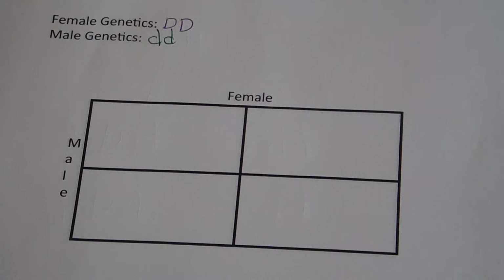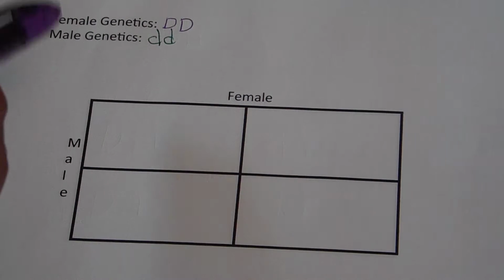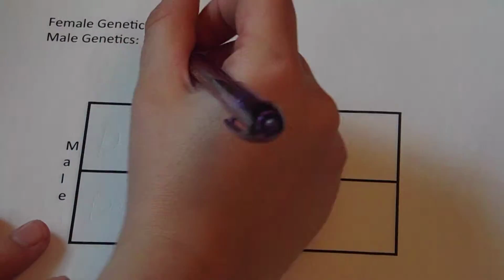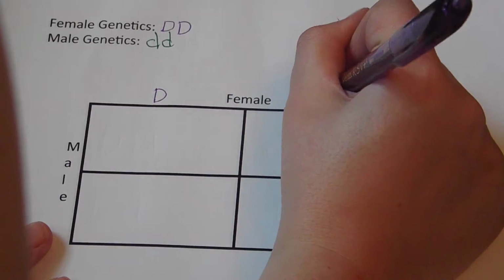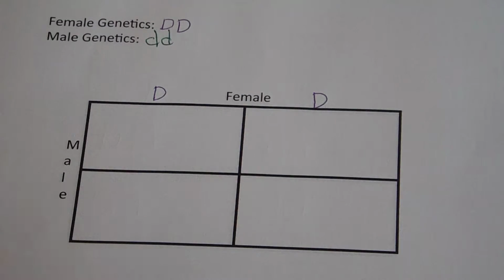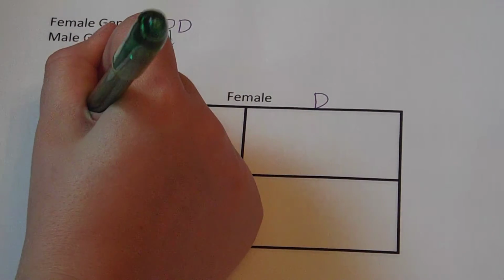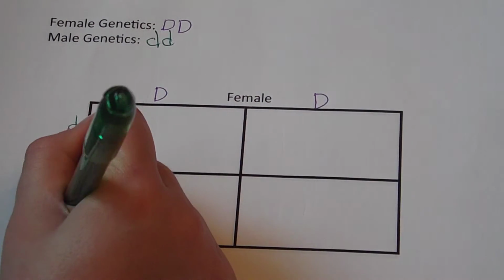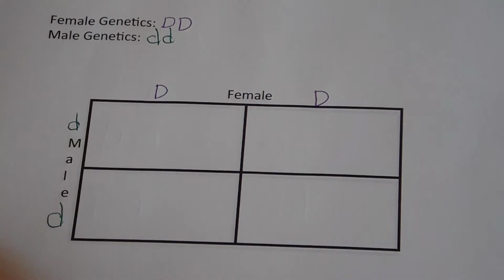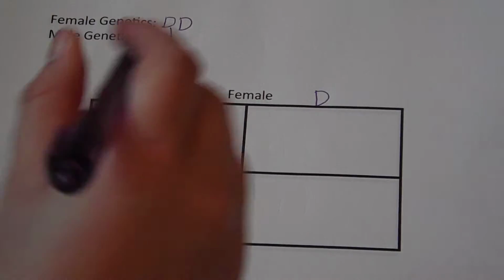And again, you would write up what the female is in the top female brackets. Big D, little d for the male. And you're going to match up the male and the female, just like you did in the first two.